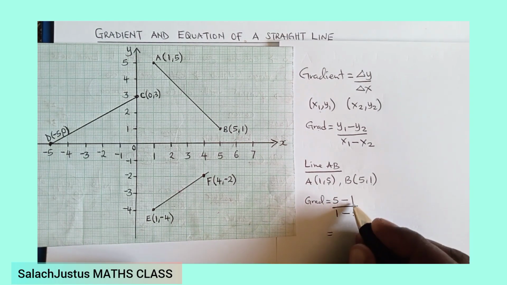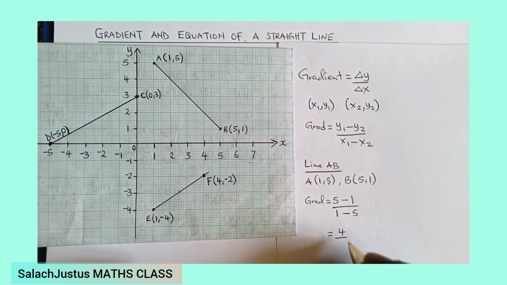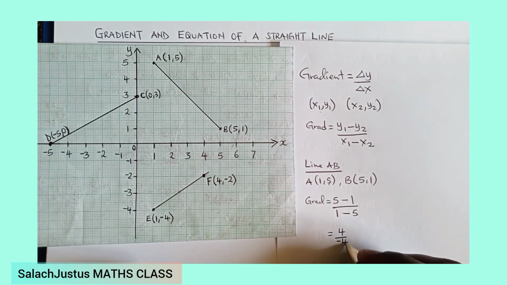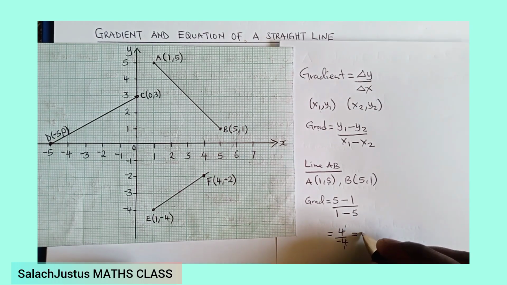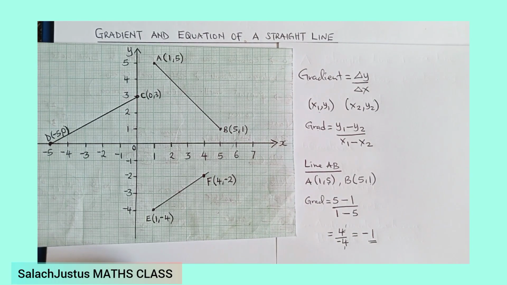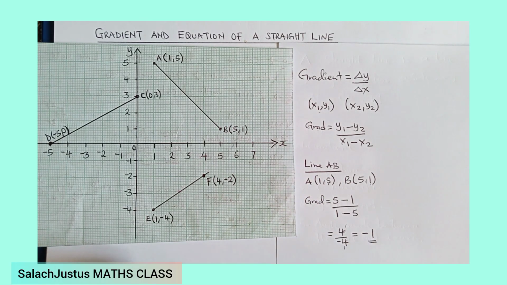So 5 minus 1 on the numerator is 4, divided by 1 minus 5 on the denominator is negative 4. That simplifies to 4 by 4, 1, and the gradient remains negative 1. We can now say that the gradient of line AB is negative 1. Alright, I hope we are together up to that point.